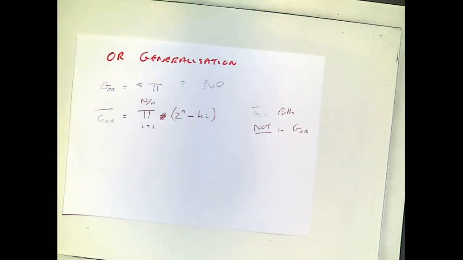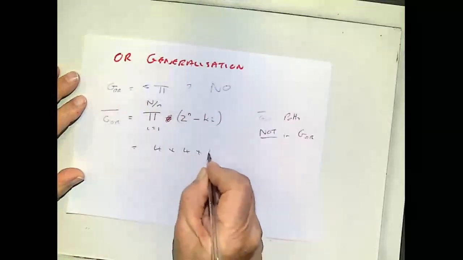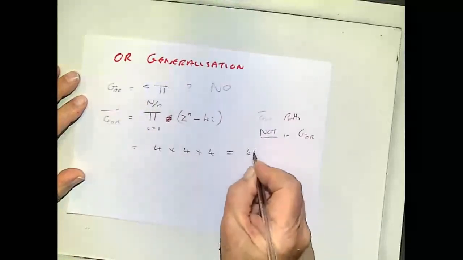So you should be able to deduce that the patterns not in the OR generalization set in this particular example are 2 to the n minus k1 times 2 to the n minus k2 times 2 to the n minus k3. It's again going to be 4 by 4 by 4, which again is equal to 64.